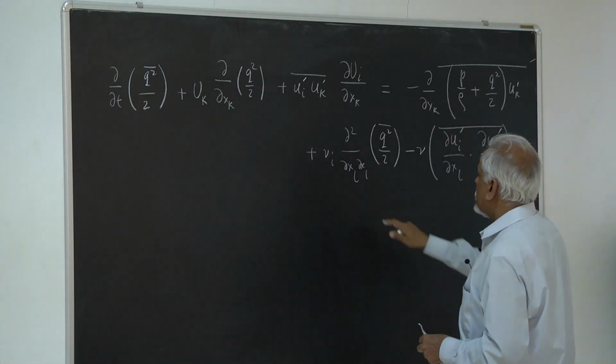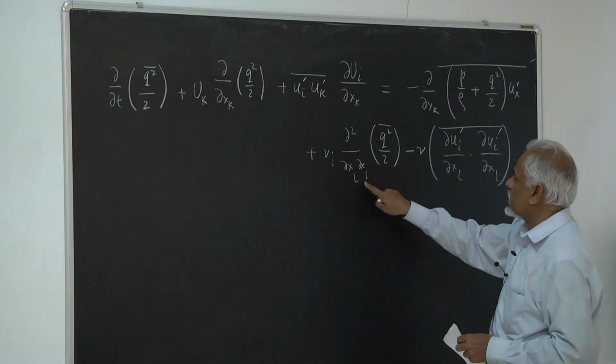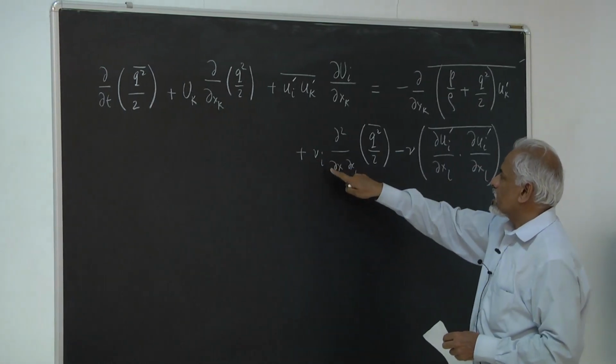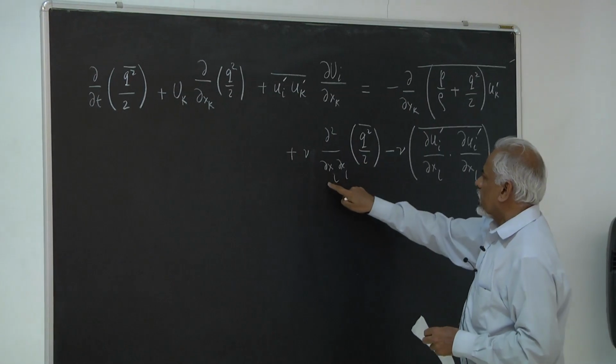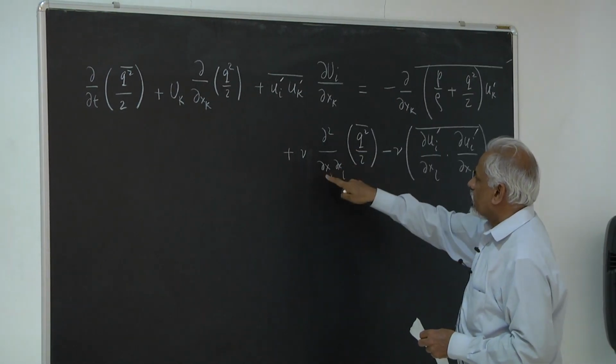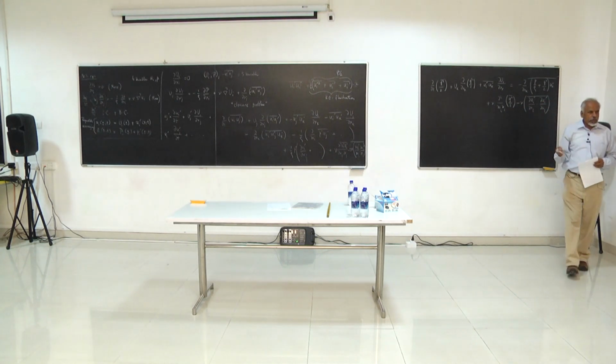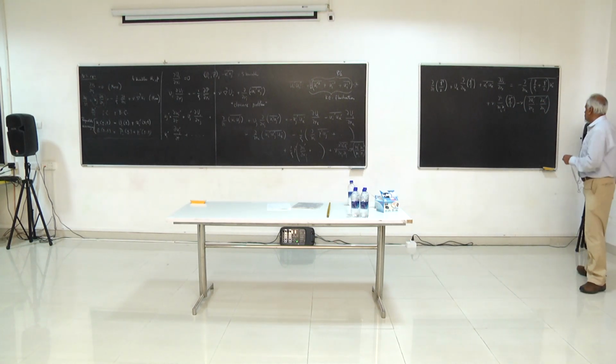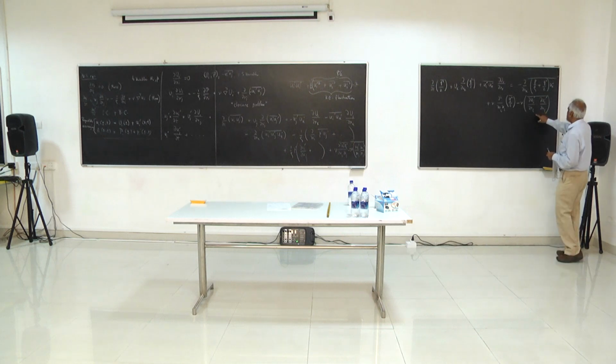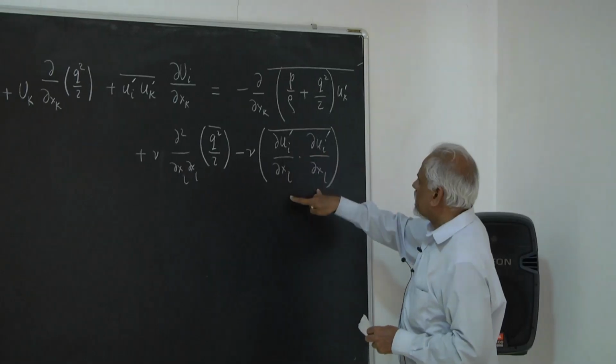Okay, so I have this repeated index here, which simply means d squared over dx1 squared of this, d squared over dx2 squared of that, d squared over dx3 squared of that. And similarly here I have two repeated indices.